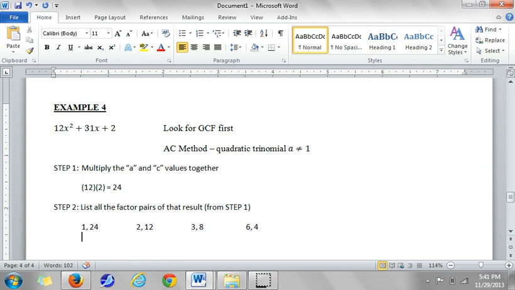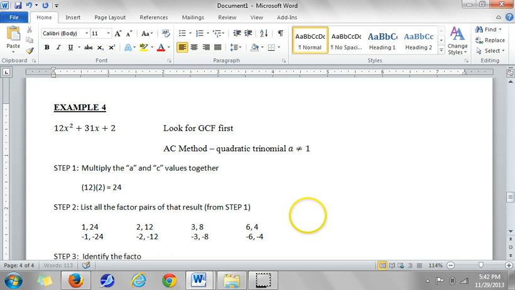And so we could have negative 1, negative 24, negative 2, negative 12, negative 3, negative 8, negative 6, negative 4. And our goal is to try and find a factor pair of 24 that adds to the b value. Let me write that as step 3.